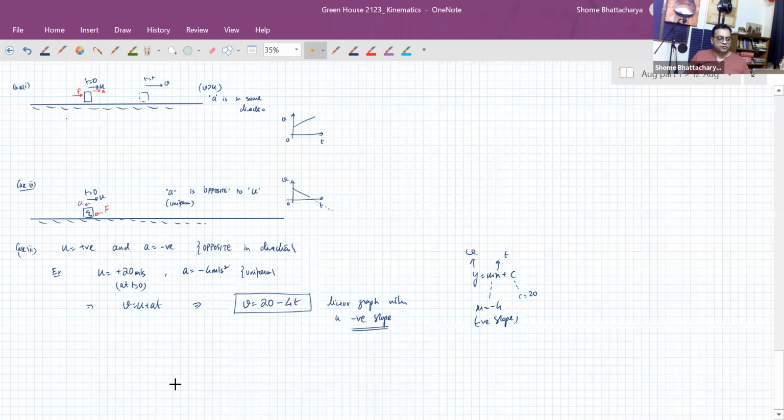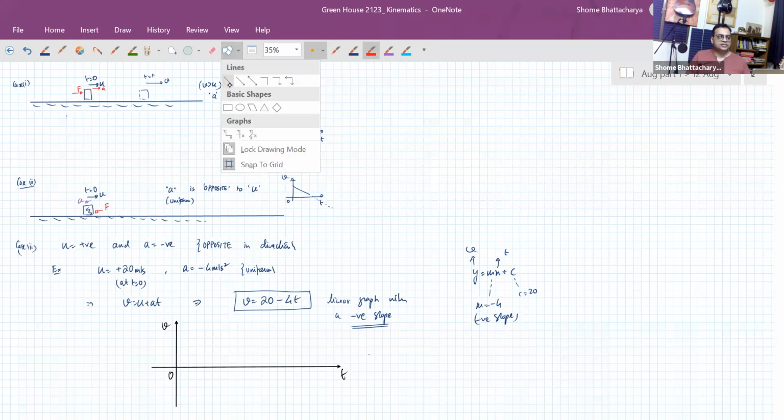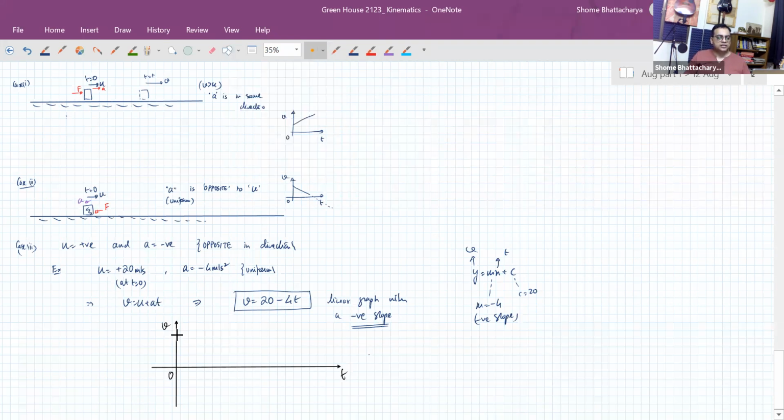Let's take a look at the graph of velocity versus time. So of course, time can't be negative. Time will start from t equal to 0. But velocity can become negative because if this acceleration continues for long enough, it will make the velocity become opposite in direction.